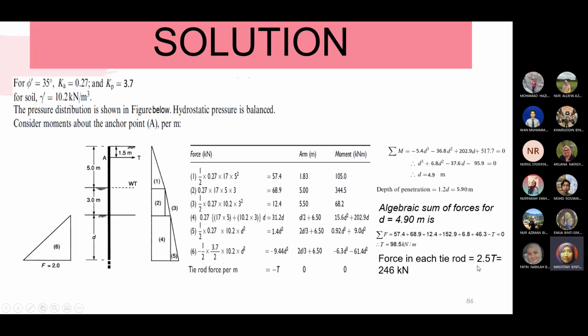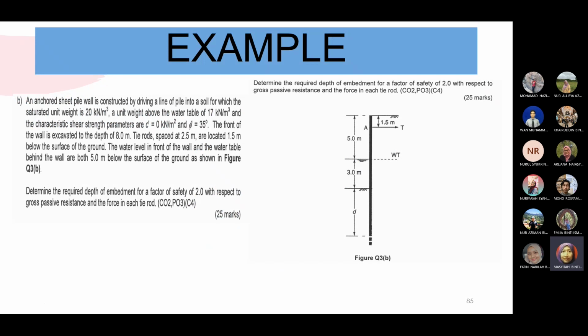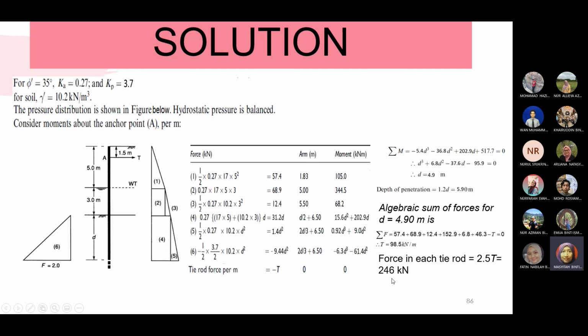So yang ni dia dah mention what is a 2.5. 2.5 can be found from the question here. Tie rods spaced at 2.5 meter are located 1.5 below the ground surface. And then the force that acts on the tie rod here is equal to 246 kilonewton.